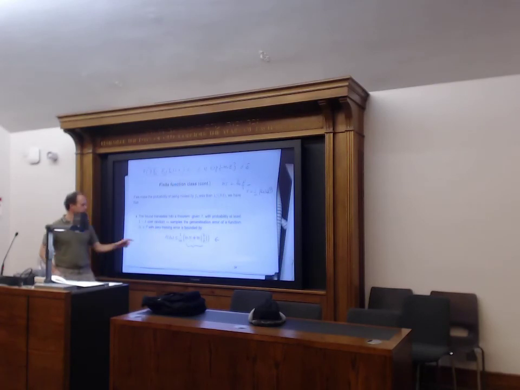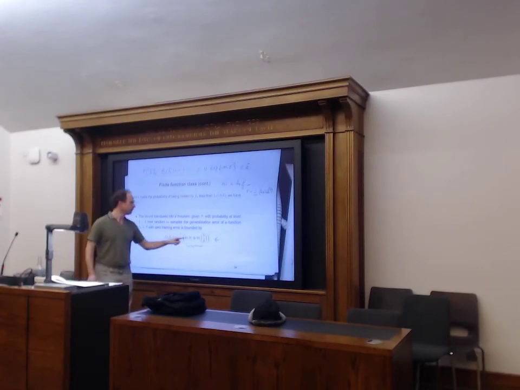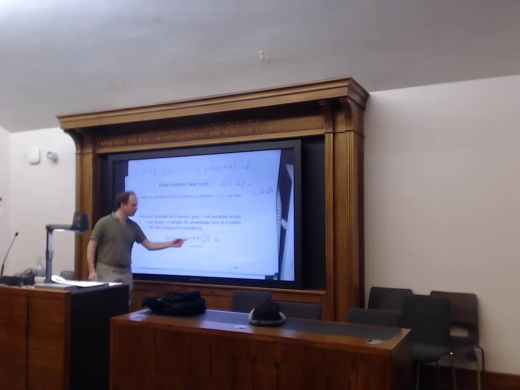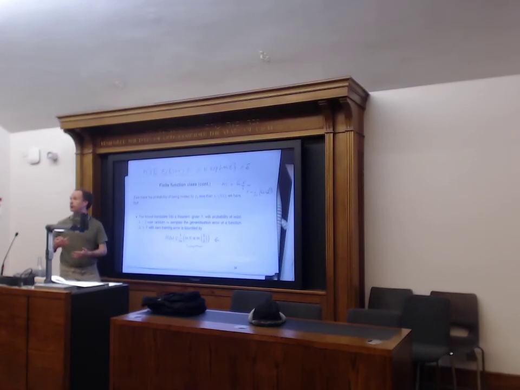Now here what you can see is that if the sample size is large, generalization error becomes smaller. But if this hypothesis space is large, the bound becomes large. So this is the result of doing this union bound. The more functions you have in the space, the harder it is to make the generalization error small.